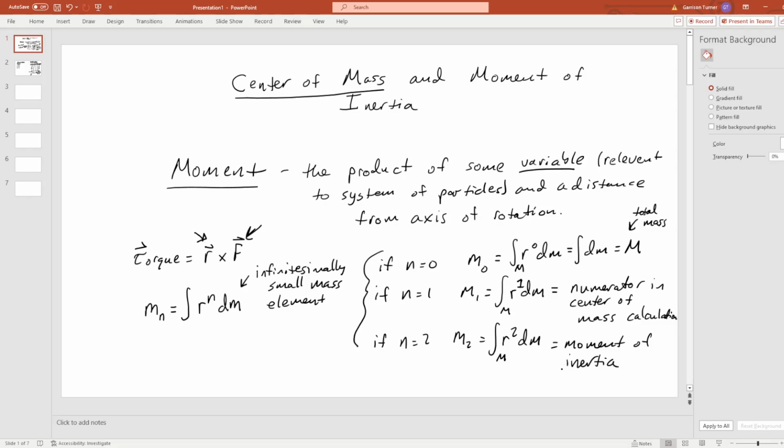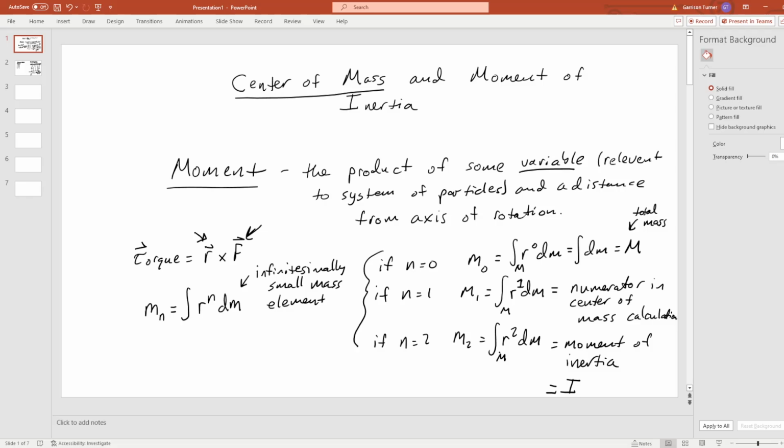We're also going to give this the letter I. Okay, that's the symbol that we're going to use in our equations. But this is how you calculate moments. Now, of course, you could extend this out to r cubed dm, r to the fourth dm, and so on and so forth. But these are the ones that we are going to be using in our cases.